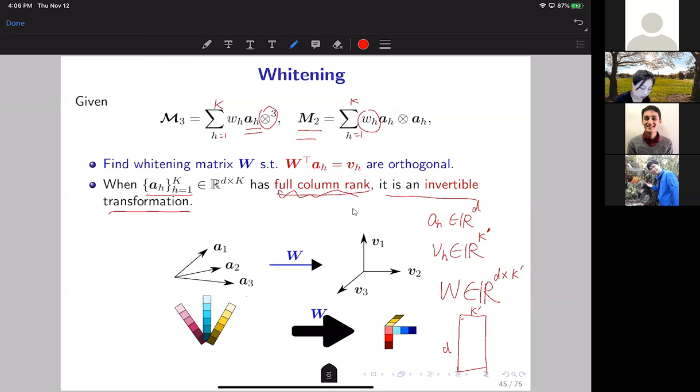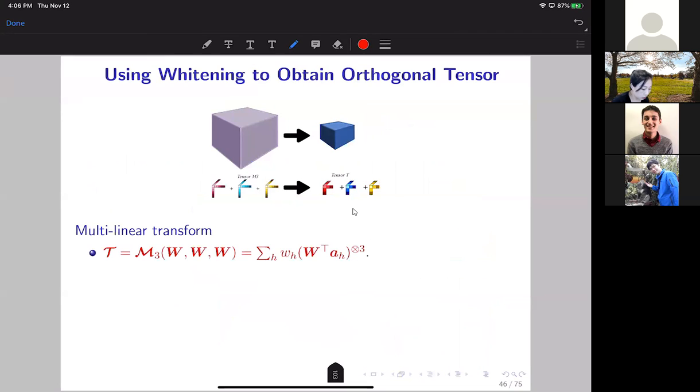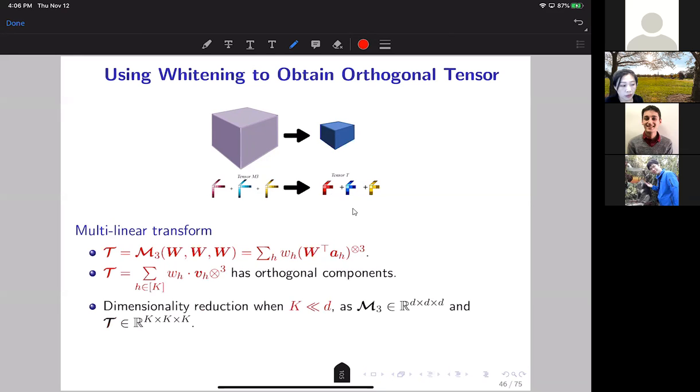I will also show the picture here. I'm drawing a large tensor being transferred to a much smaller tensor. The large tensor has linearly independent components, whereas the smaller tensor has orthogonal components. So we're using this multilinear transformation, and usually K will be much smaller than D.